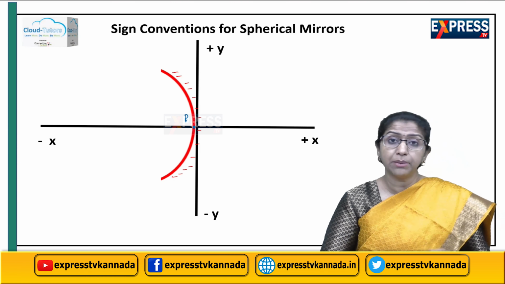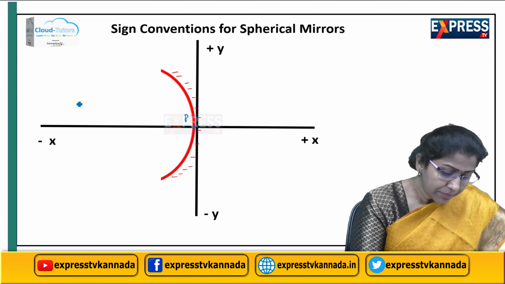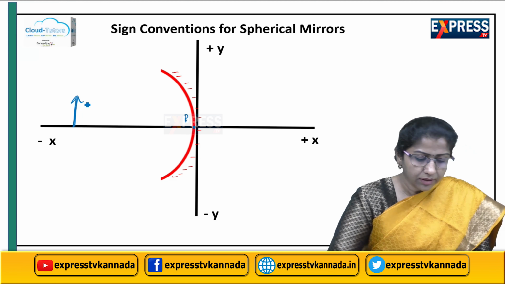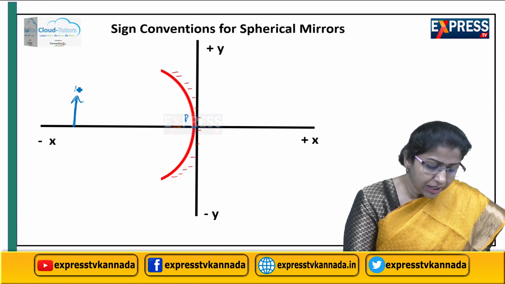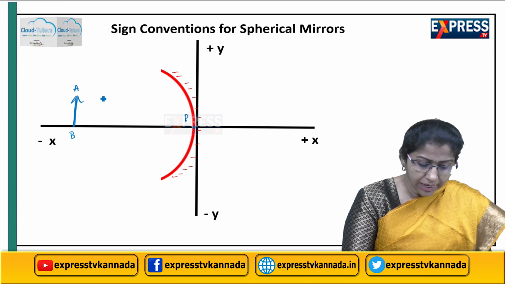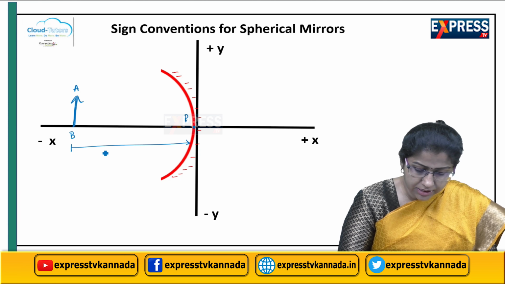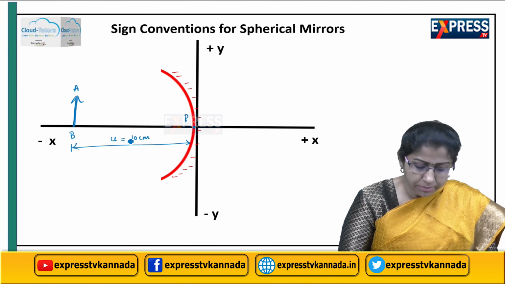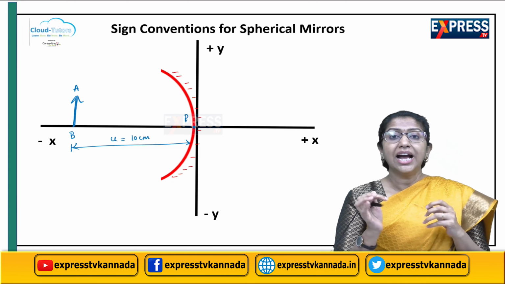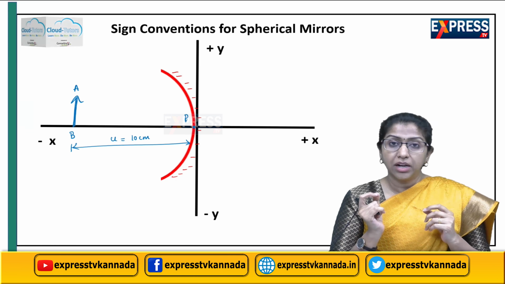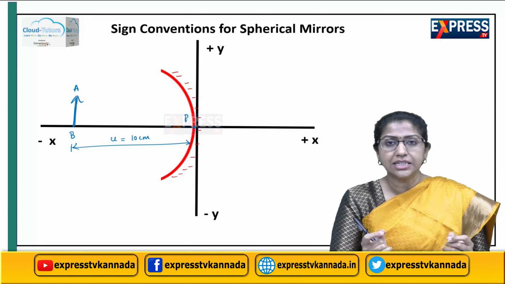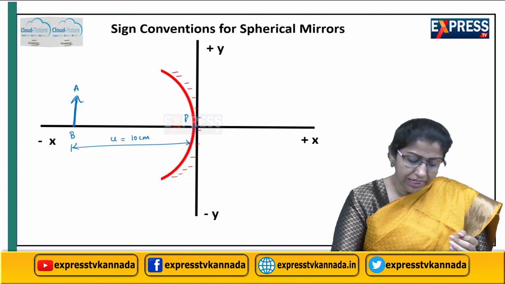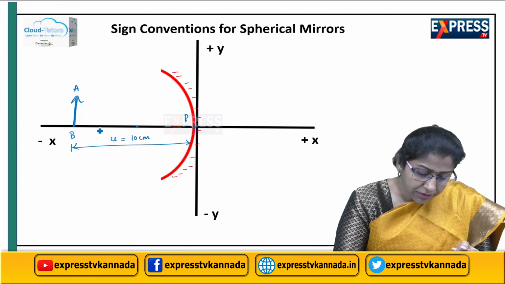Say, for example, I have an object here. You see that AB is an object and it is at a certain distance, say 10 centimeters, denoted by u. When I have to measure the distance, be it object distance, image distance, or focal length, everything has to start from the pole.